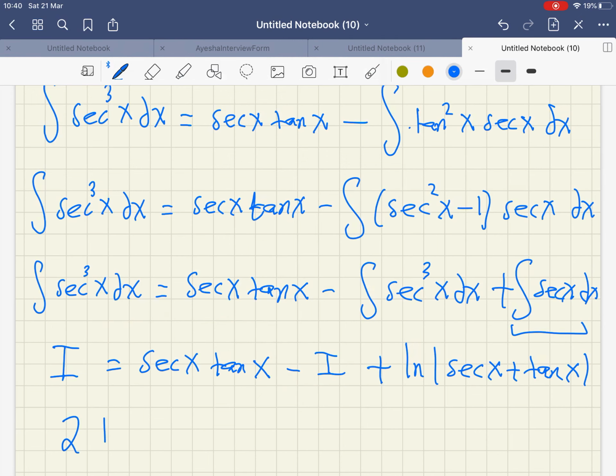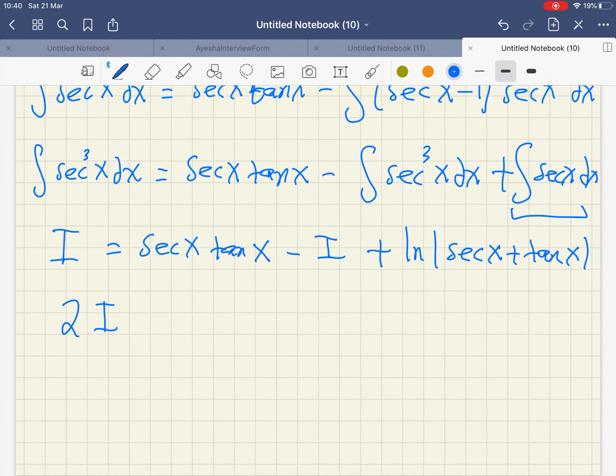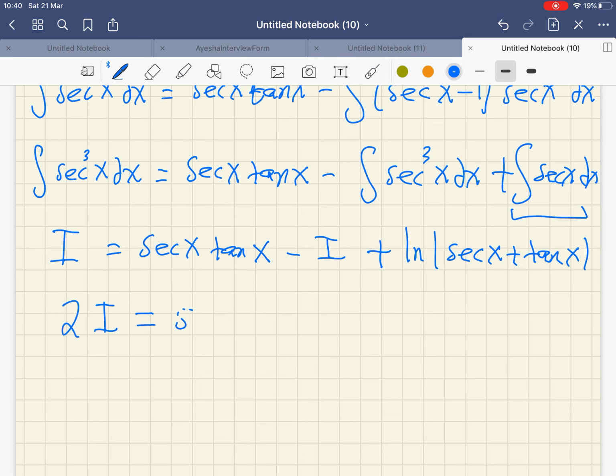That gives 2I equals secant x tan x plus ln of secant x plus tan x.